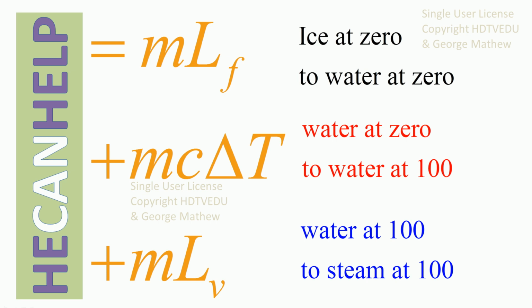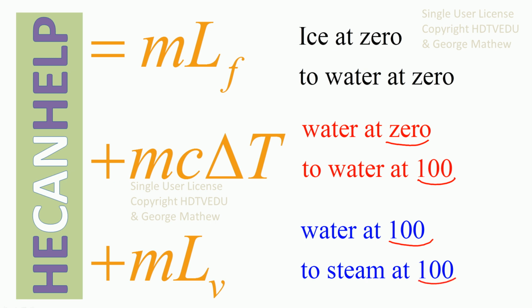Once we have water at 0, as we absorb more heat, the temperature is going to rise. So we go from water at 0 to water at 100 degrees Celsius, and we are absorbing even more heat. Now from water at 100 degrees Celsius, it becomes steam at 100 degrees Celsius.